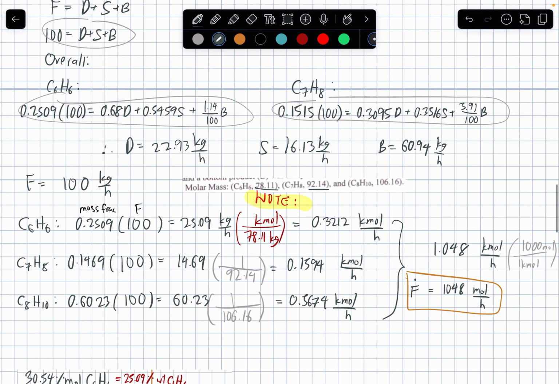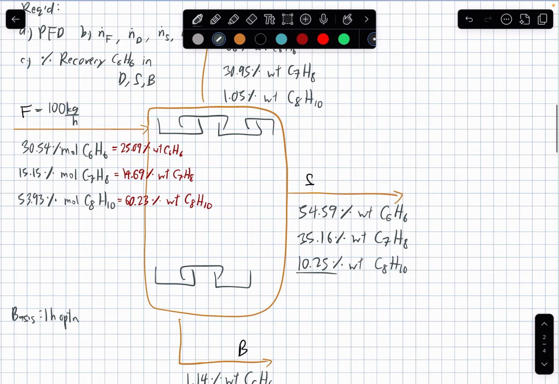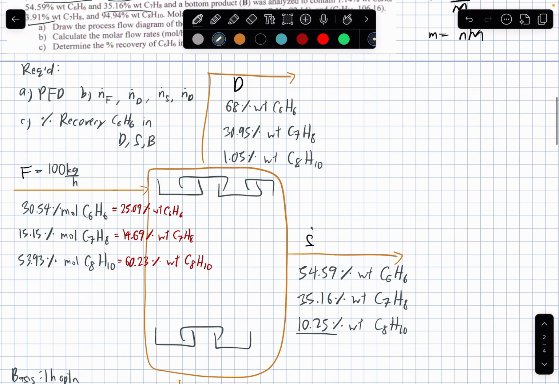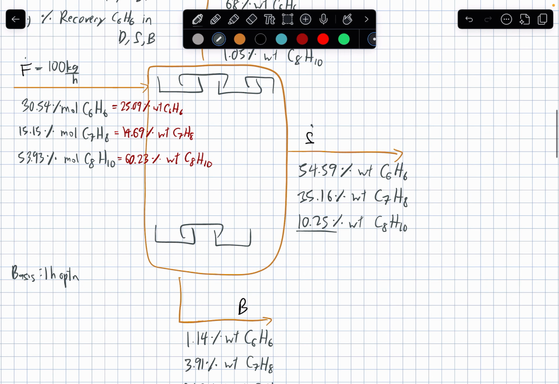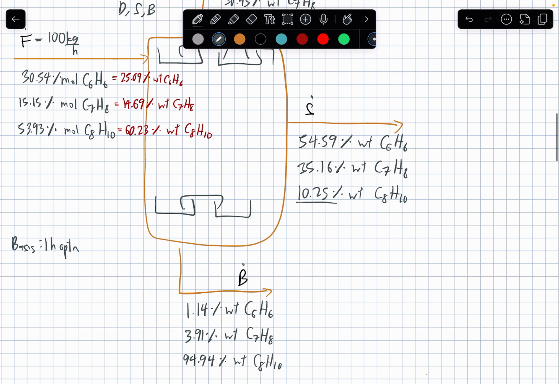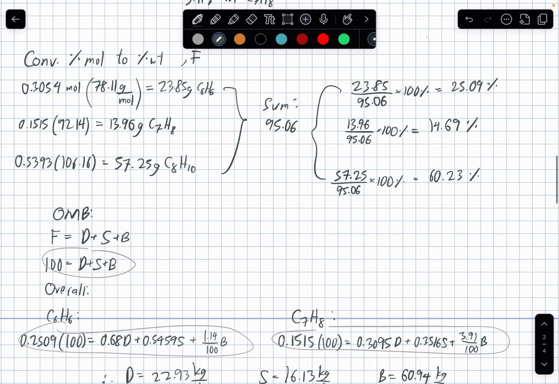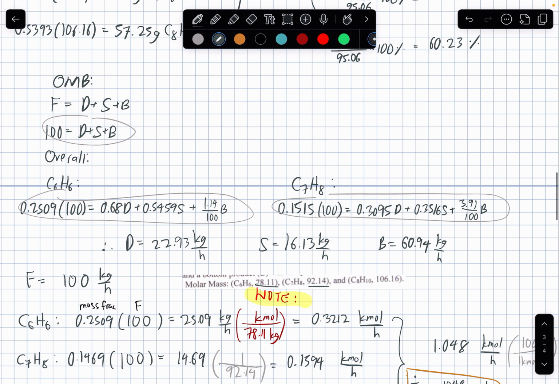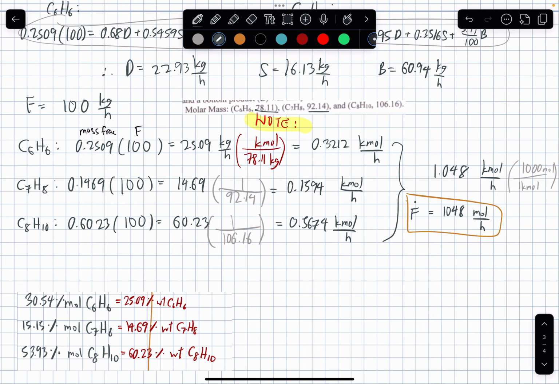By the way, supposedly everything here in the PFD could be written with a dot. Since this is a continuous process, our basis is time of operation, more specifically hour of operation. Everything has to be with a dot on the top. But since everything is with a dot on the top, you don't really have to write it anymore.